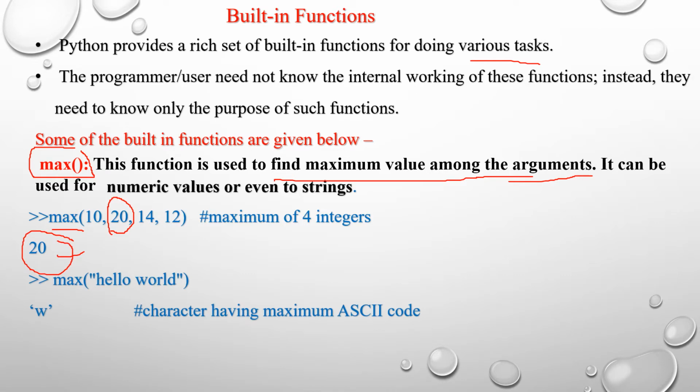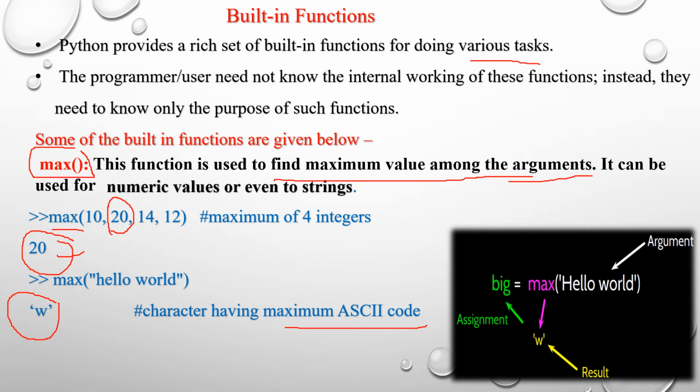Let's consider one more example: max of 'Hello world'. Here we declare one string, and the Python interpreter will give 'w'. 'w' is the character having the maximum ASCII code among these characters.